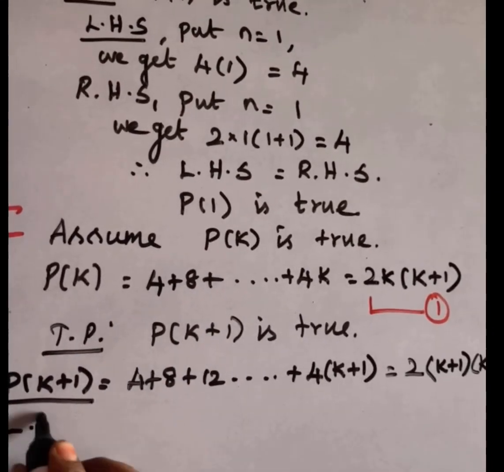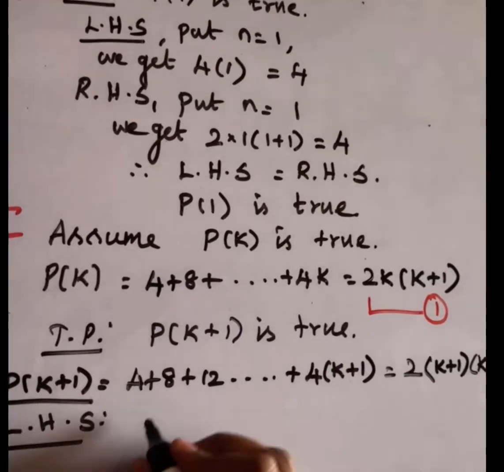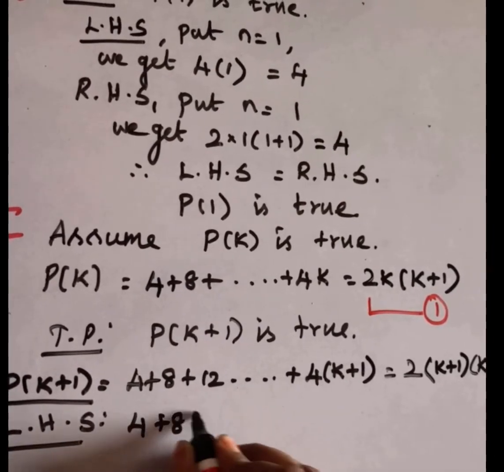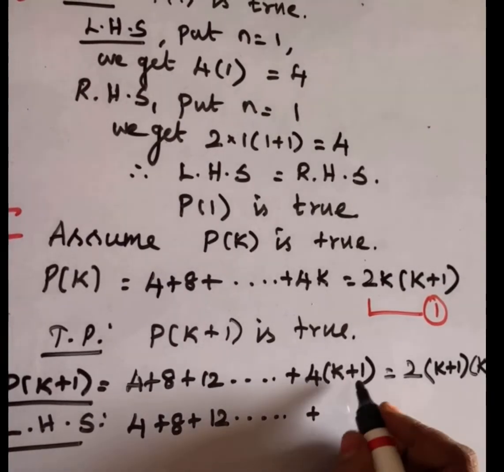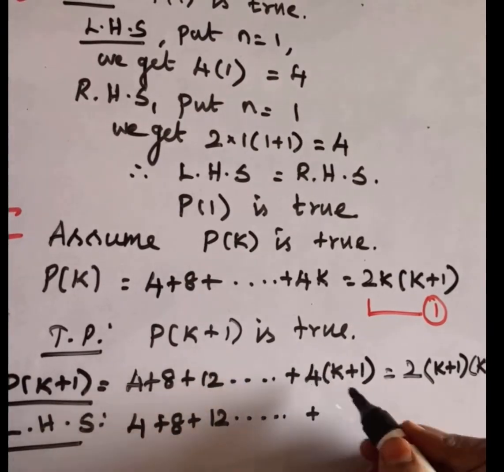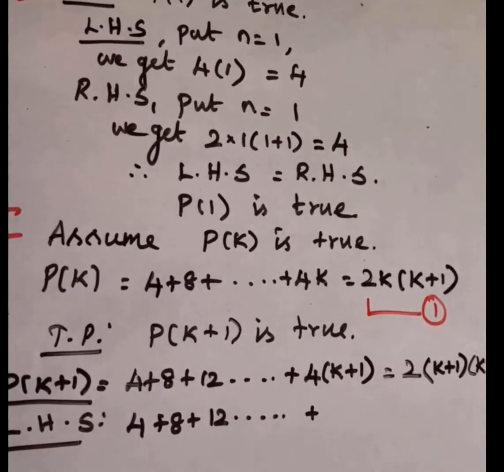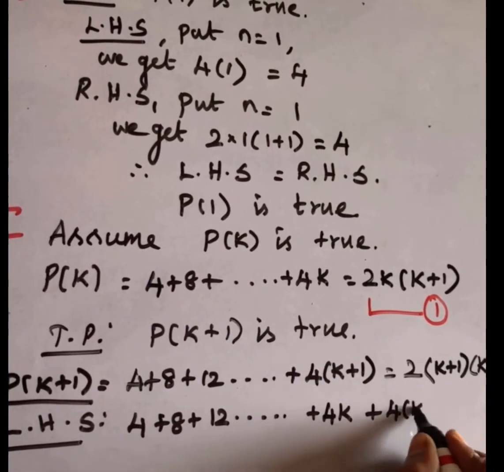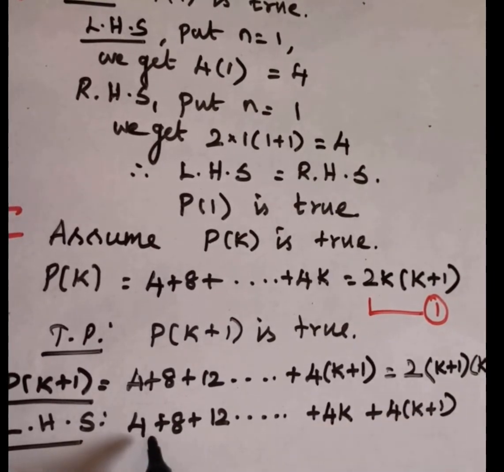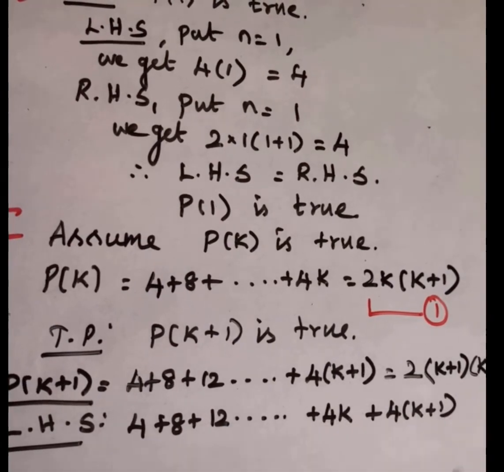Take LHS of the given statement. What is our LHS? 4 plus 8 plus 12 etcetera up to, what will be the previous term for this 4 into k plus 1? Previous term is 4k. Okay, so 4k plus 4 into k plus 1. Okay, so 4 into 1, 4 into 2, 4 into 3, likewise it's going and it is 4k and then 4 into k plus 1.